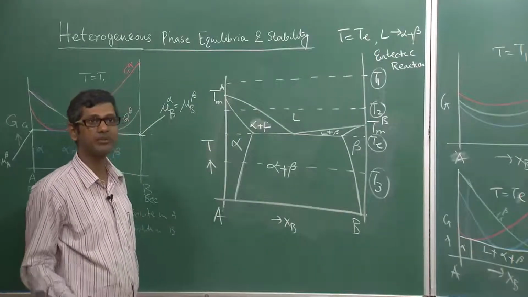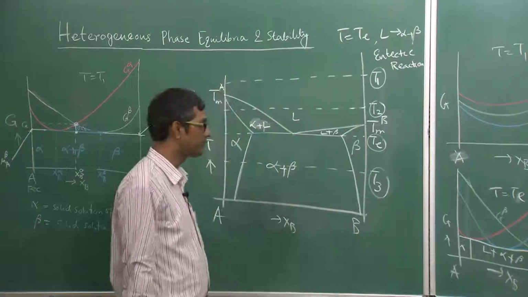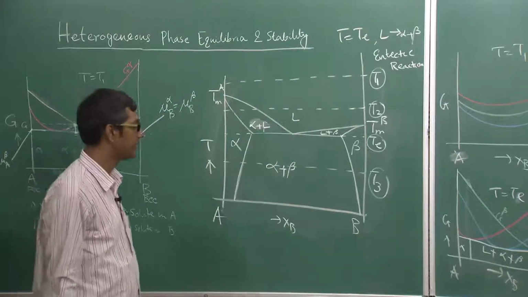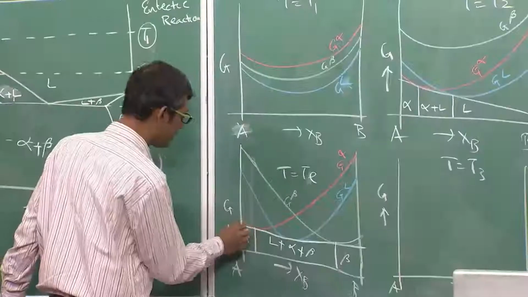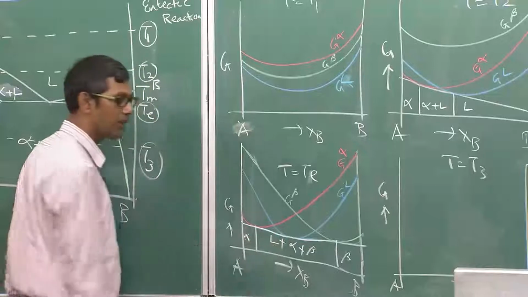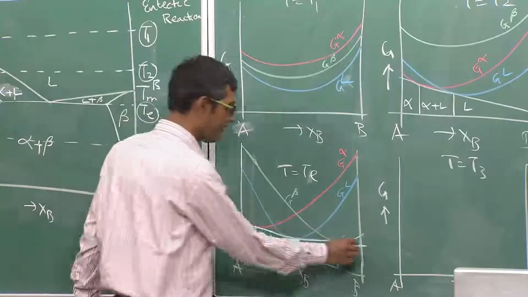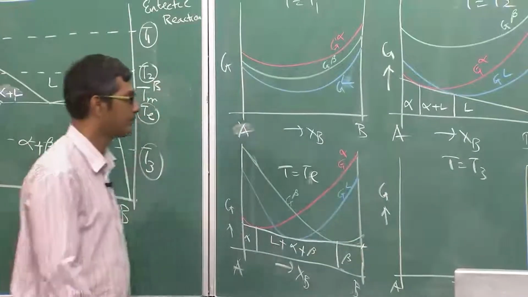That is why all three curves have a common tangent, and that is why the chemical potential of A in alpha, liquid and beta will be equal here. Similarly, the chemical potential of B in alpha, liquid and beta will be equal there.